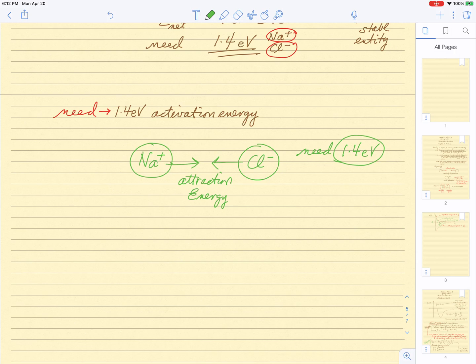As a matter of fact, one could calculate that pretty easily.